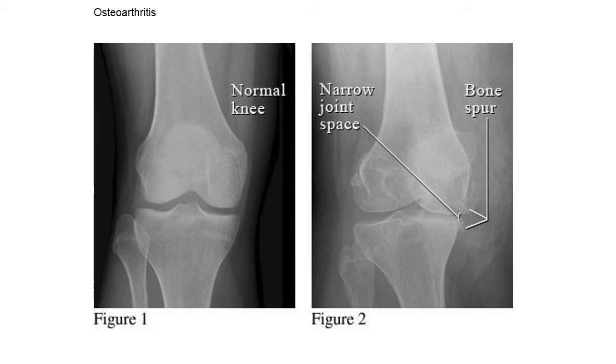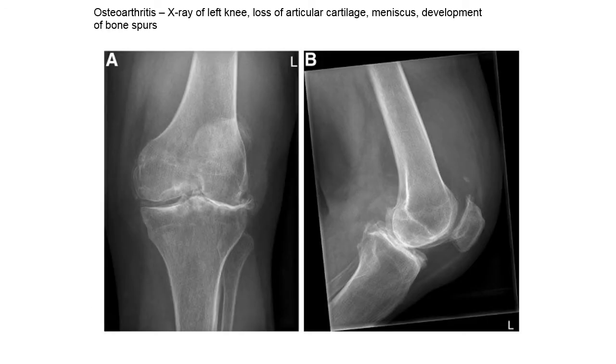And there are little bone spurs here and there called osteophytes. So narrow joint space and osteophytes there. Next slide. Just another example of osteoarthritis, left knee, loss of cartilage, meniscus, and development of some bone spurs as well. So you can see how the two bones are right next to each other. Next slide.